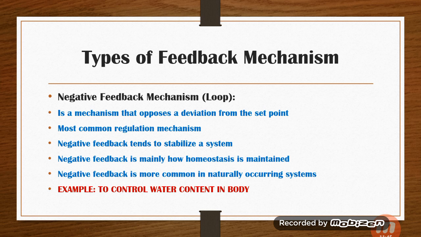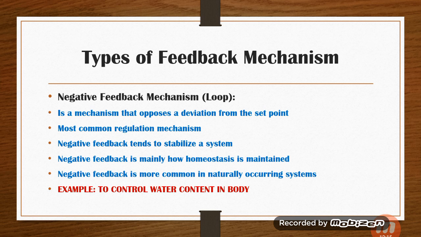Thus, more water will be absorbed and maximum amount of water is retained in the body during the situations when there is scarcity of water, or you can say when the water is less in your body. ADH will be produced, which will allow more absorption and maximum retention of water in the body.